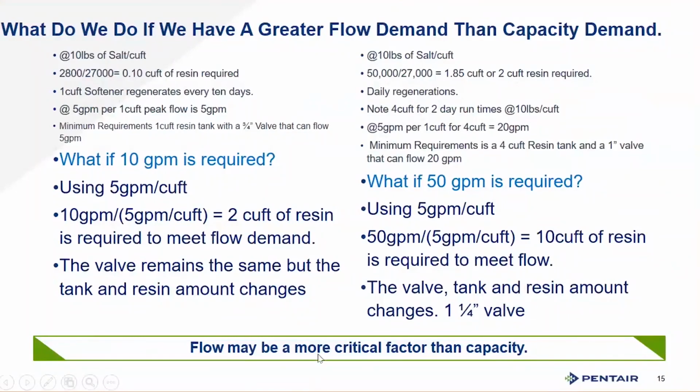Flow may be more of a critical factor than capacity, especially in commercial applications. In commercial applications, a lot of times the flow is going to be more important than the overall capacity of the resin. Okay, we need to be able to supply businesses with the water they're going to use.